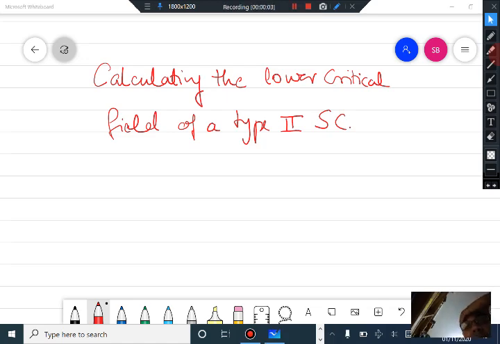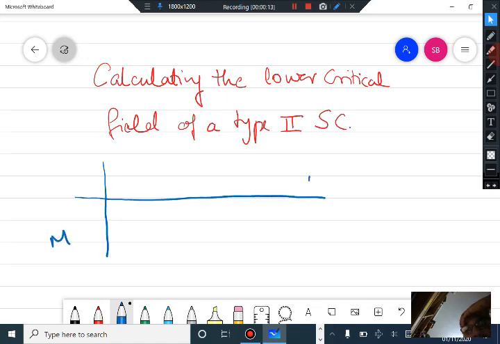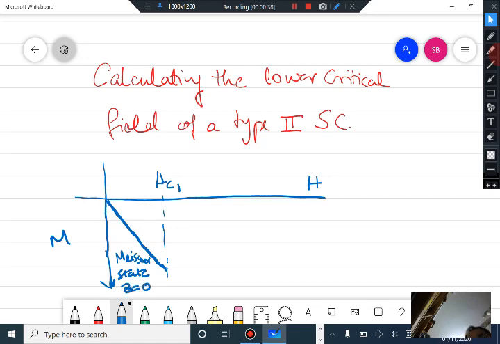Okay, now we try and calculate the lower critical field of a type 2 superconductor. If you recall the magnetization versus field behavior of a type 2 superconductor, up to the lower critical field HC1 it was in the Meissner state, namely B was equal to 0.